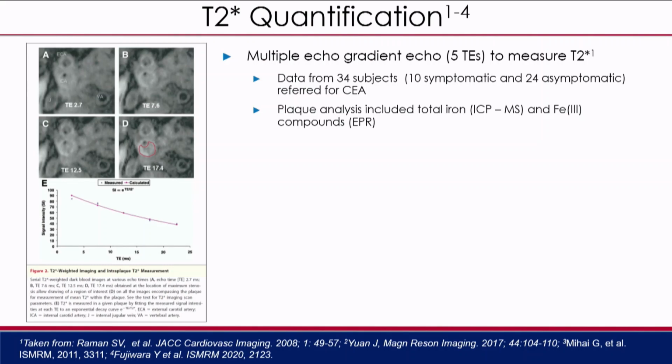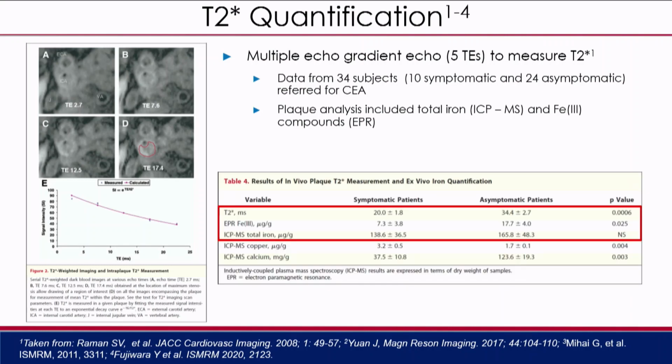Another paper in the literature that I thought was pretty interesting is the quantification of T2 star. This group used a multi-echo gradient echo sequence, and they acquired the data in 34 subjects and compared in vivo results with endarterectomy. They analyzed the tissue with mass spec to look at total iron, and also with electron paramagnetic resonance looking at iron-3 compounds.